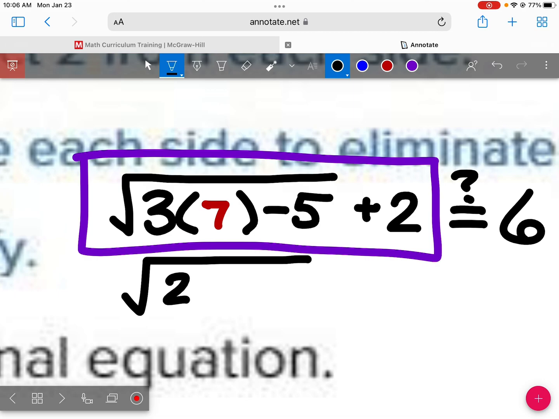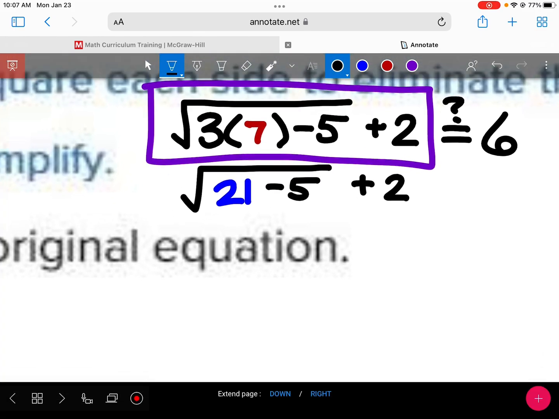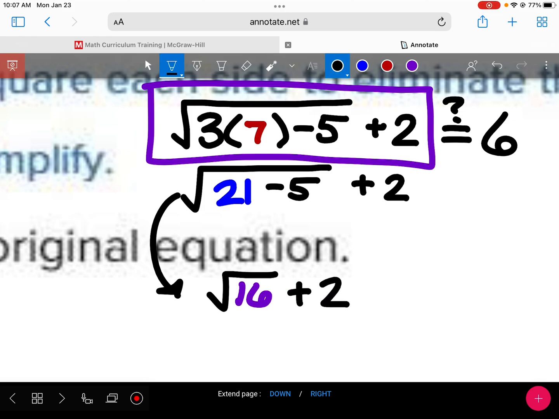So I have 21 minus 5 and then plus 2 right here. What is 21 minus 5? 16. So I have 16 under the radical and then plus 2.